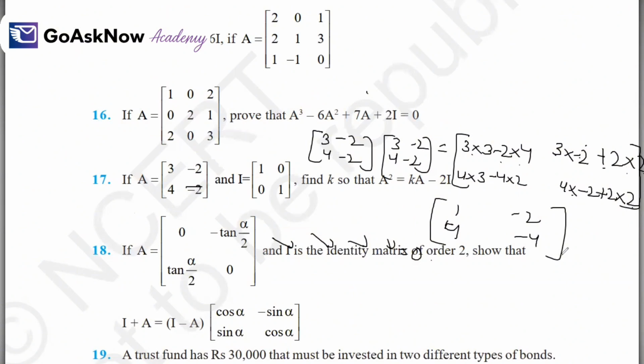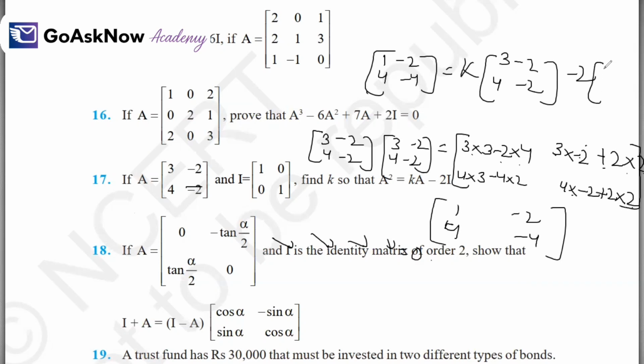Now A square is equal to kA minus 2I. So write it like 1, 4, minus 2, minus 4 is equal to k into A, which is 3, 4, minus 2, and minus 2I is minus 2 into 1, 1, 0, 0.